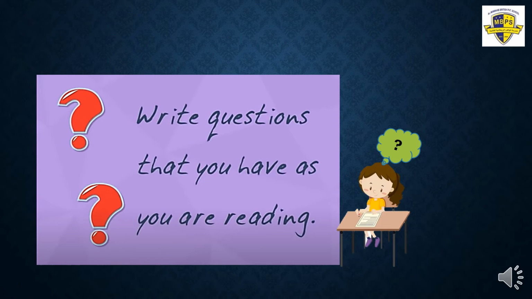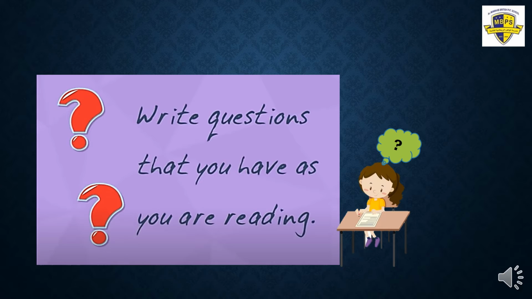When you are reading a text, you write questions that you have as you are reading. For example, when you are reading the first paragraph of the story, there is something that comes to your mind and you want to know about it. So that question which comes to your mind while you are reading the text, you write it down on a small sticky note.